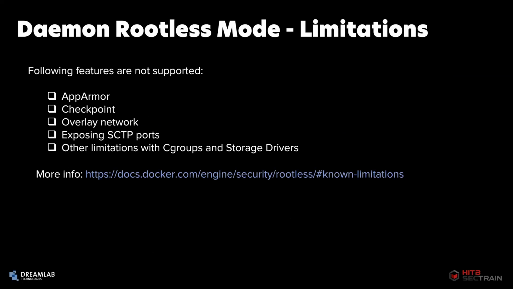This overlay network driver is very important. So there are still a couple of things that don't work, and some of the features that don't work in rootless mode are related to security as well. For example, AppArmor is one of them, and also cgroups or control groups are used for security as well.